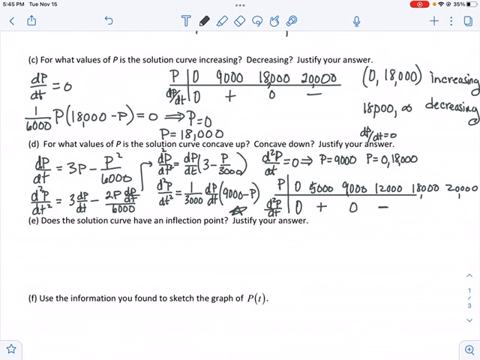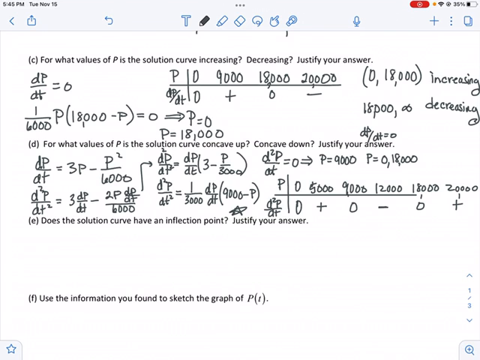From 9,000 all the way up to 18,000, the sign for dp/dt is going to be positive. So a positive times a negative. And then with 18,000, that's where it's 0. And if I plug in 20,000, I'm going to have a negative times a negative, so that's going to be a positive second derivative, right?